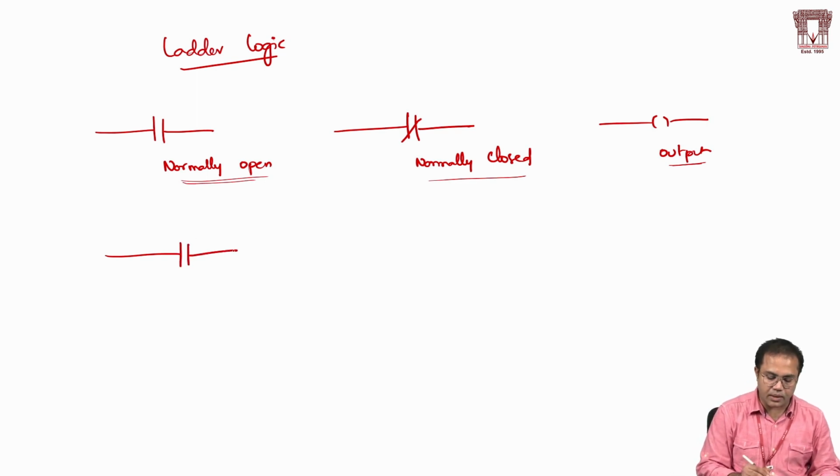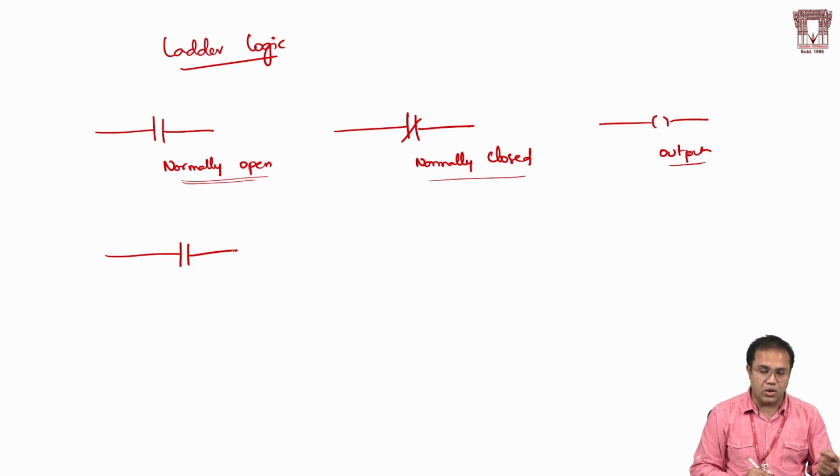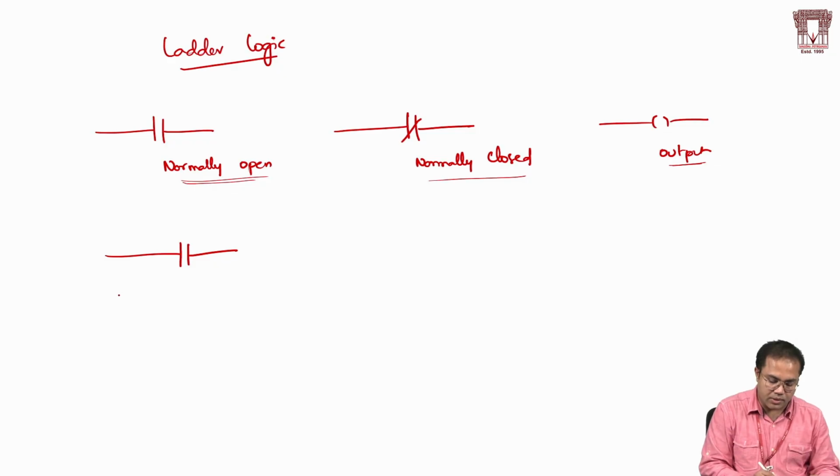By name it says it is normally open. For this instruction, the input matters a lot. All these three instructions are bit level instructions. If the input to this instruction is 0, or low, the state of this instruction will be unchanged.